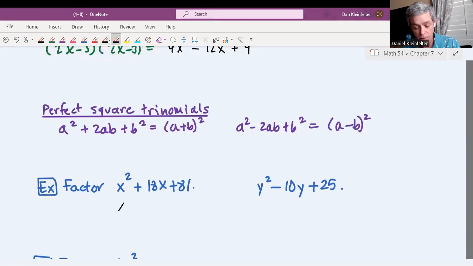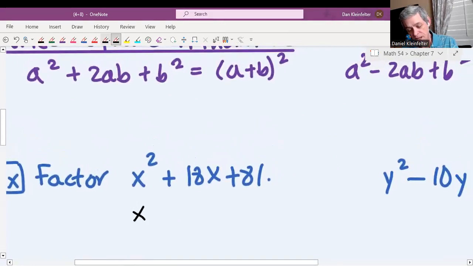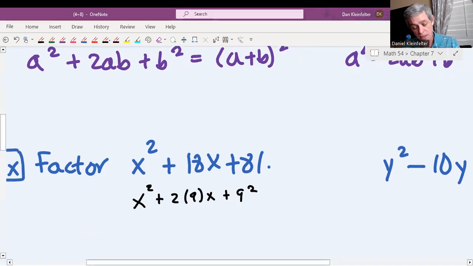We could look at this as x squared plus 2 times 9 times x plus 9 squared. And then relating this to the formula at the top of the screen, our a is like the x, and our b is like the 9. So this would factor as x plus 9 squared.